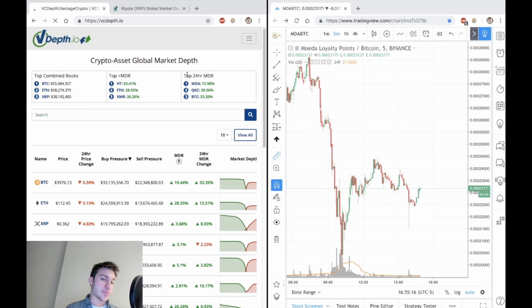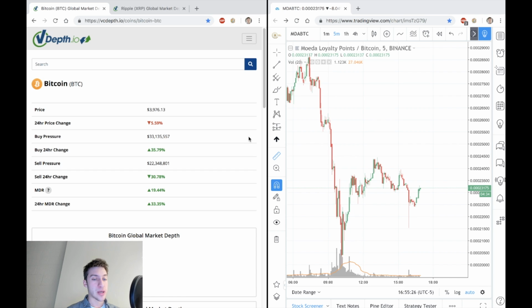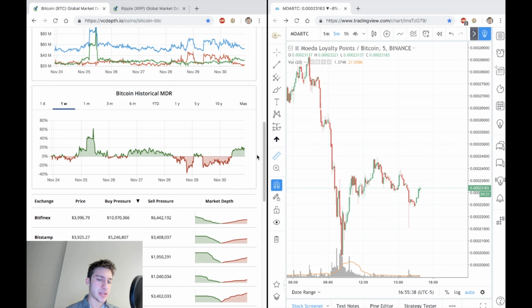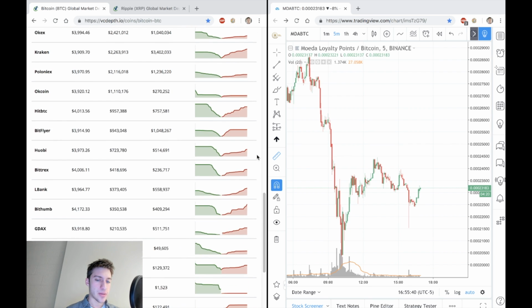I love looking at the top 24-hour change in MDR to see what coins have really popped up. You can look at Bitcoin. I'm just saying that if you look at Bitcoin with market depth data, some of it can be a bit spoofed. That doesn't mean you can't use it to profit, but be careful when looking at Bitcoin because it's not going to be as honest as other altcoins might be.